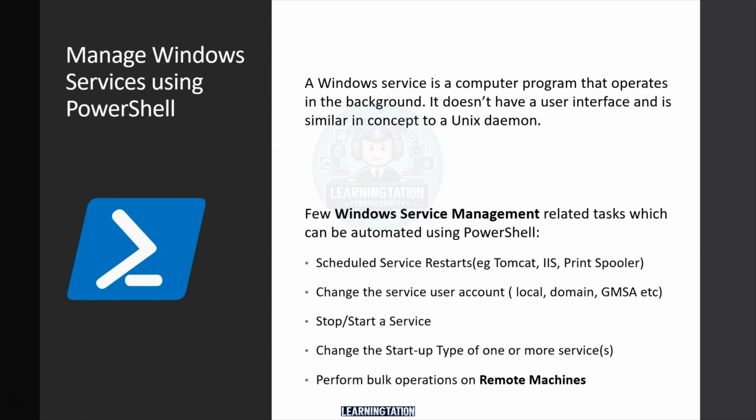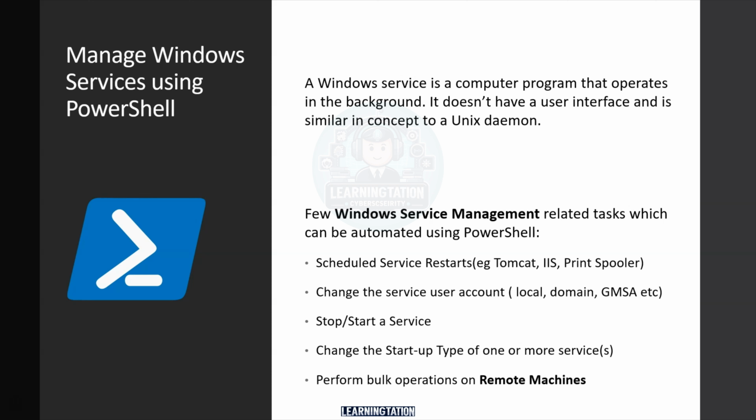It could be once a day, on alternate days, or even a weekly restart is acceptable, depending upon what kind of task your service is performing and how much load is on it. PowerShell can help you automate this very frequently needed task. Apart from this, PowerShell can be used to stop a service, start a service, change the service user account or the startup type of a service, etc.